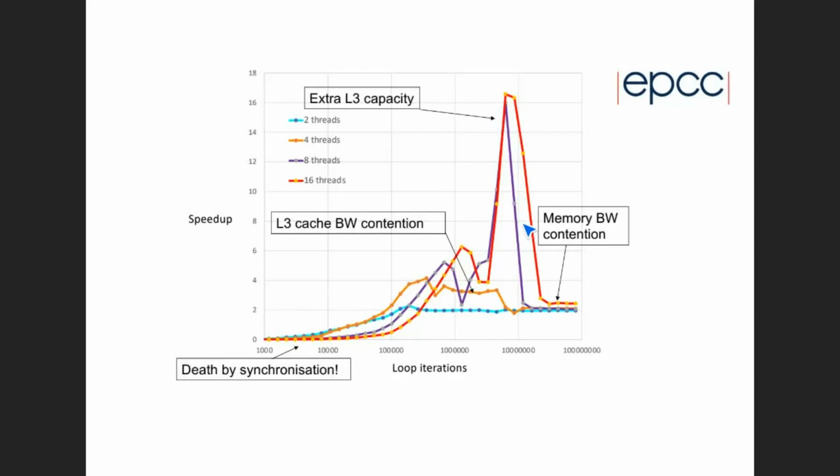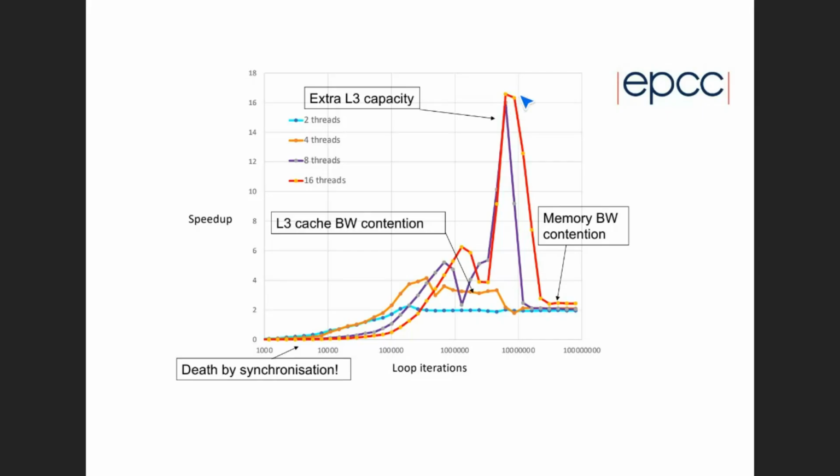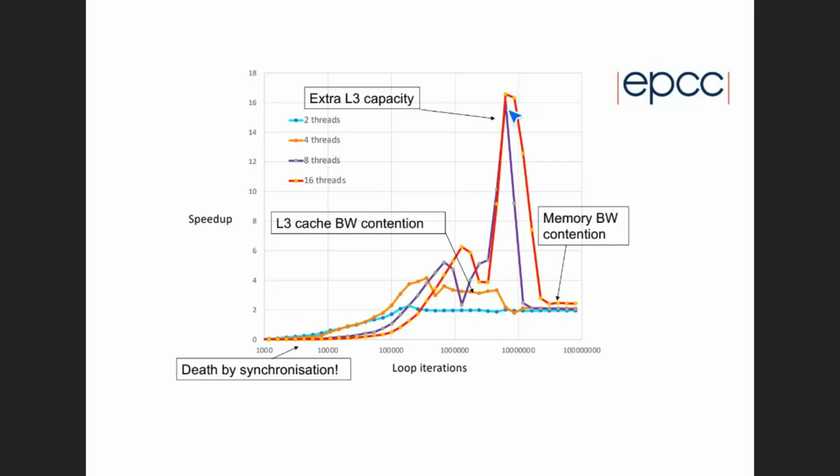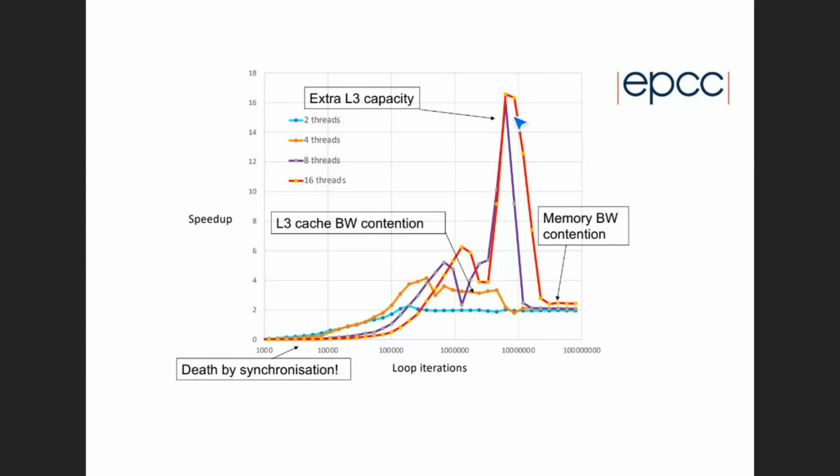So at this point, on 1 thread, the data doesn't fit into 1 level 3 cache, but it does fit into the 4 level 3 caches that these 16 threads are spread across. So I actually get slightly more than 16 times speed up for a small window of data sizes.